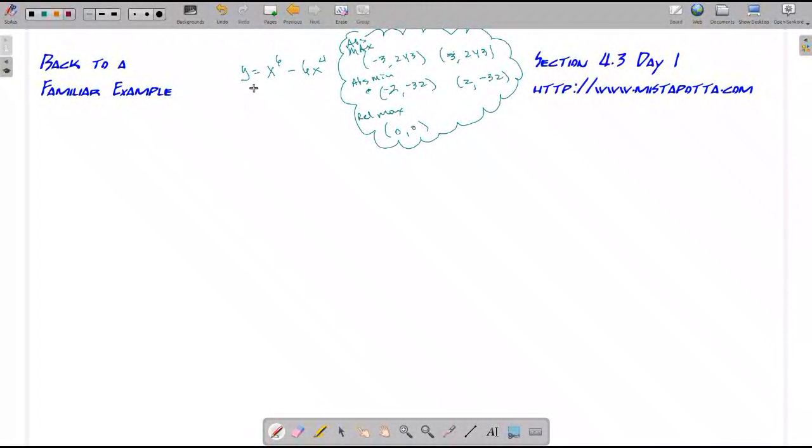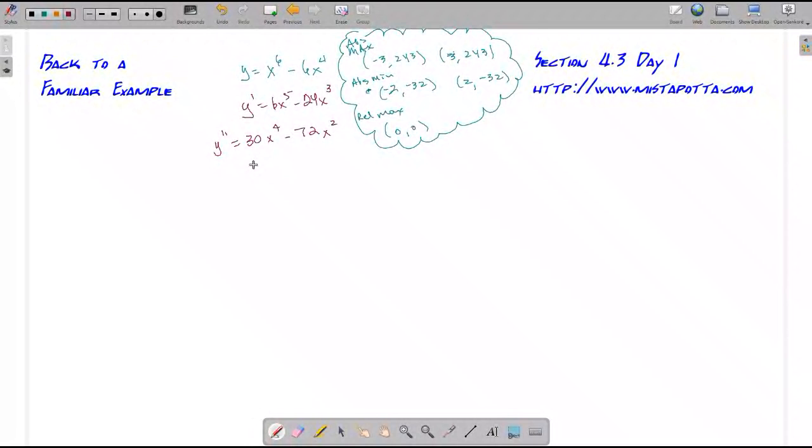So going to this, y prime would be 6x to the 5th minus 24x cubed. My second derivative ends up being 30x to the 4th minus 72x squared. Now remember, all I care about is the sign.